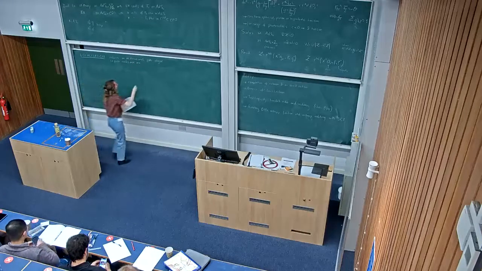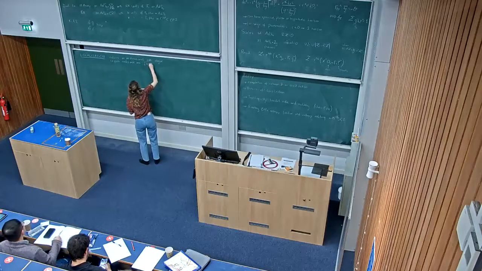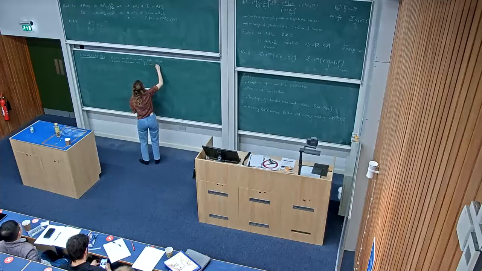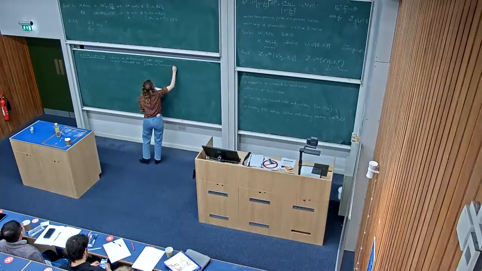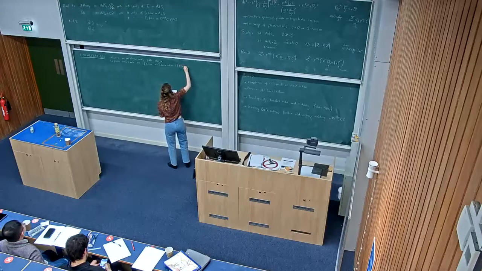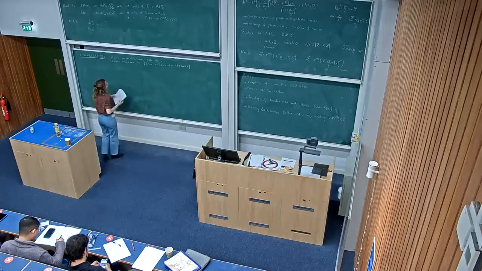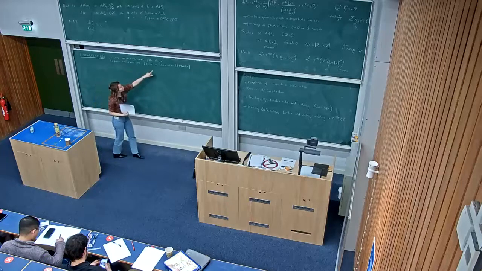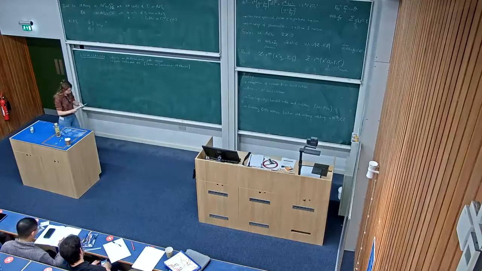For instance, if you want more details, I will refer you to the lectures on localization by Marcos Mariño, which also explain a lot of things related to localization on a background, let's say.